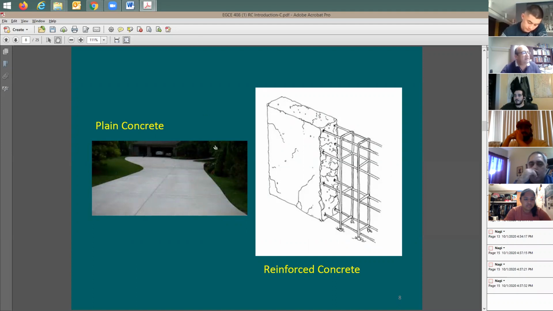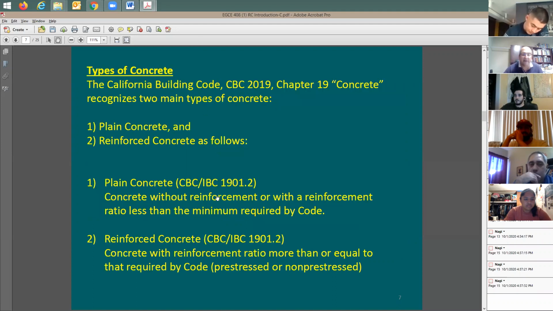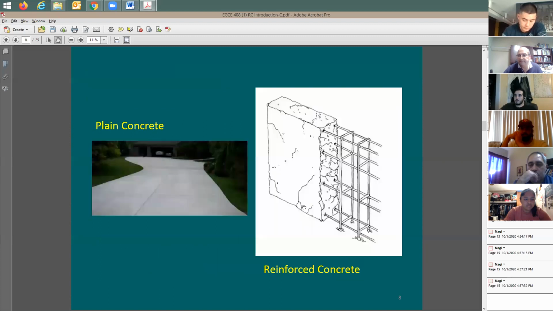So for example, in this discussion here, if you mention that the plain concrete has no reinforcing, it's going to be half a point. You need to say no reinforcing or reinforcing lower than the minimum required by code. How about here? When you have more than or equal to the reinforcing required by code.